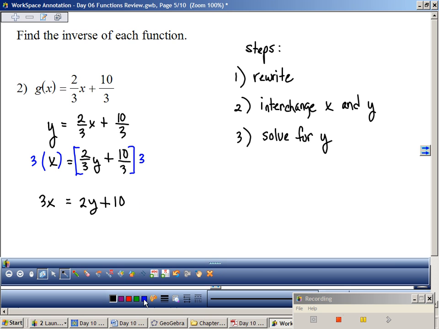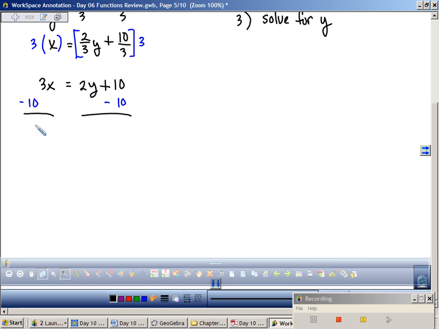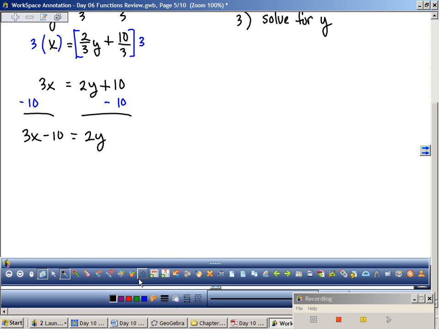Subtract 10 from both sides. So over here, I have 3x minus 10 equals 2y.